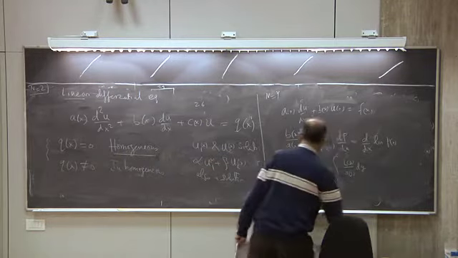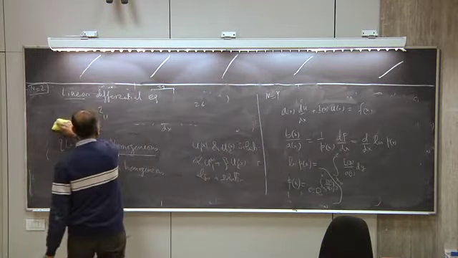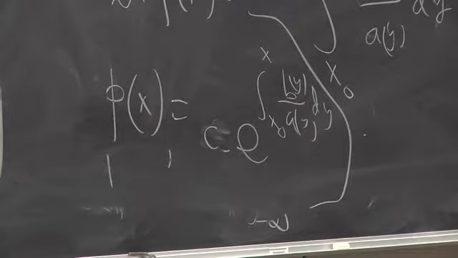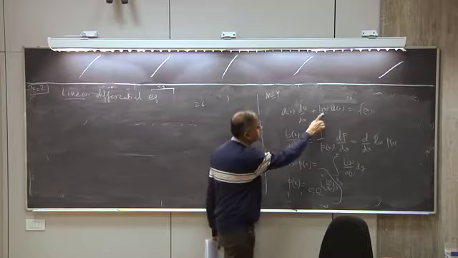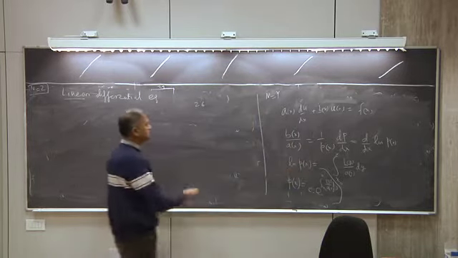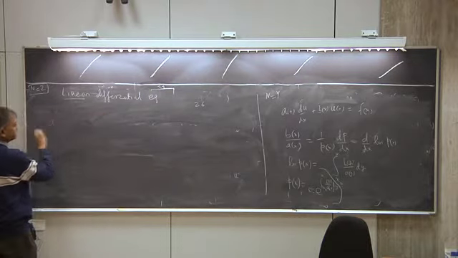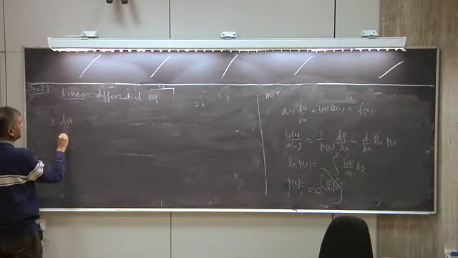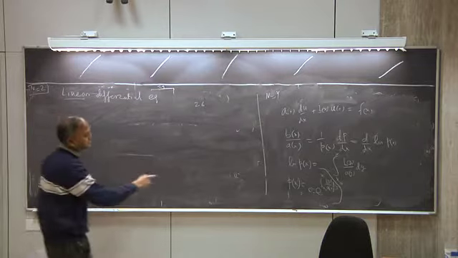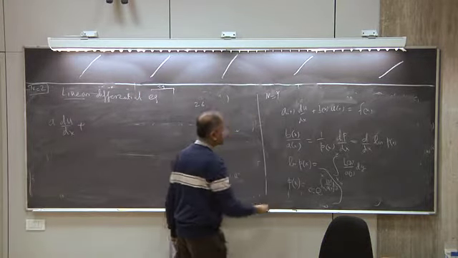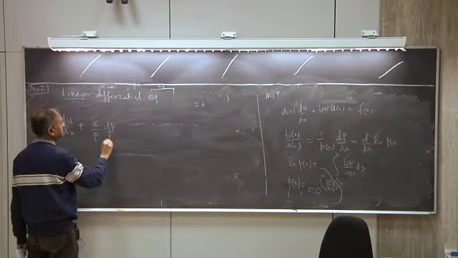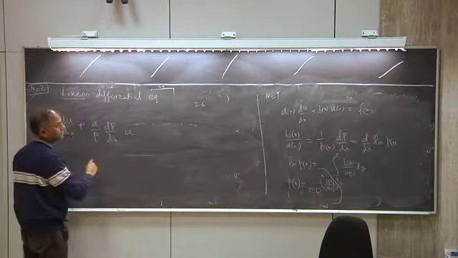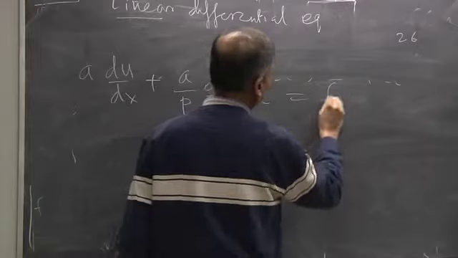So once you have found p, how do I go about solving the original equation? Let us substitute for b using this equation. The first equation becomes a du by dx plus, well, b I have to multiply by a, so you get a over p, dp by dx, times u, equal to f.